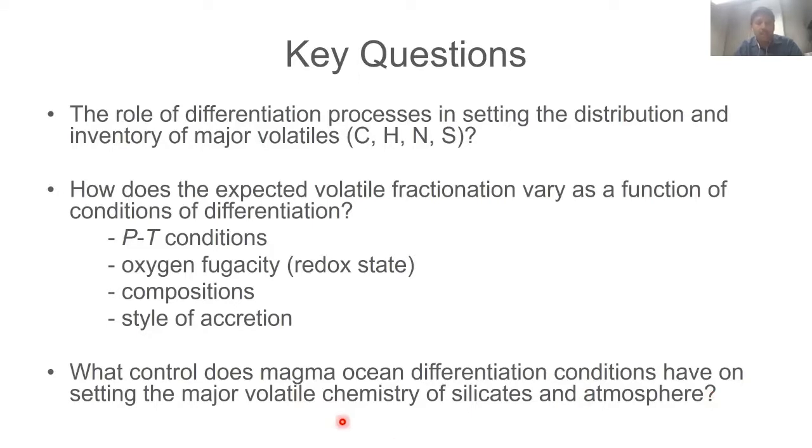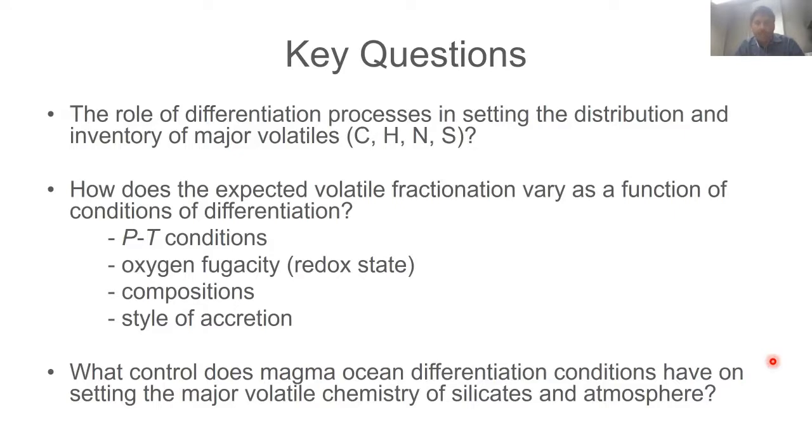And what control do magma ocean differentiation conditions have on setting the major element and volatile chemistry of silicates and atmosphere? Of course, these are very important questions in understanding the early evolution of habitability.